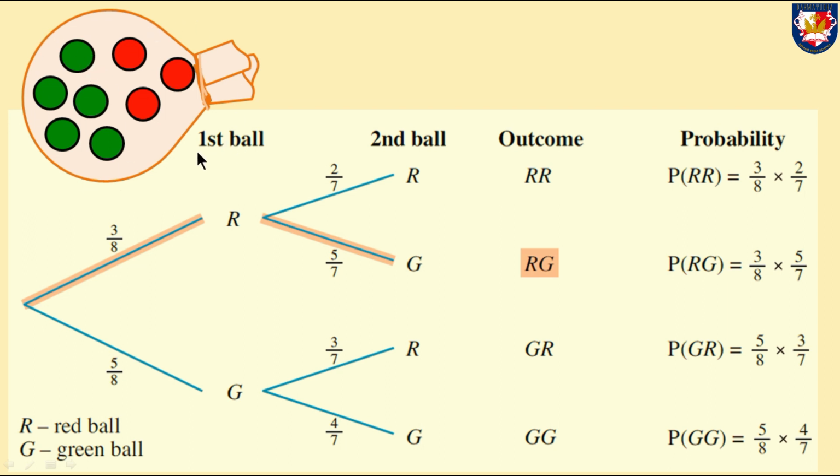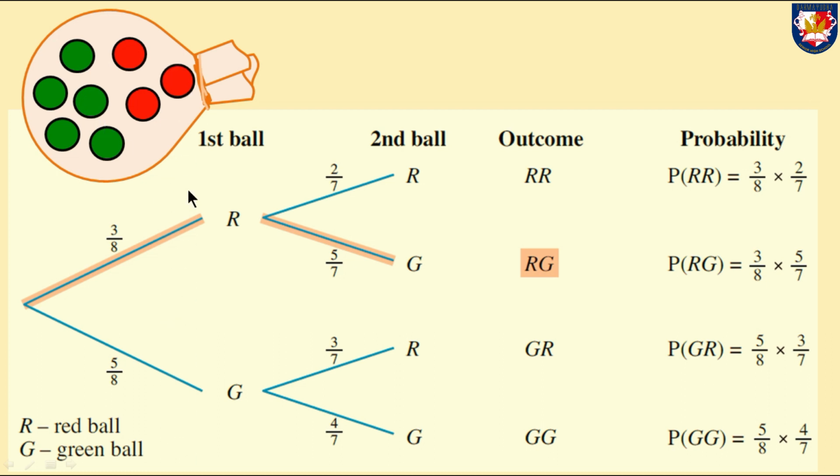If the first draw is red, there are 2 red ones and 5 green ones remaining. So the probability we get another red in the second round is 2/7, or we get green in the second round is 5/7, because there are 5 green per 7, 2 red per 7.